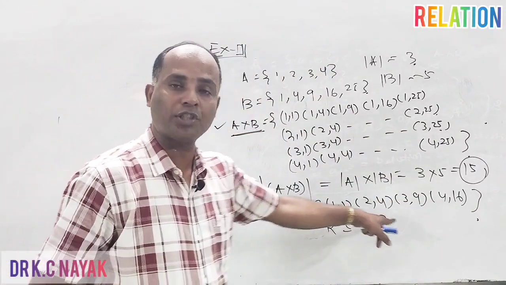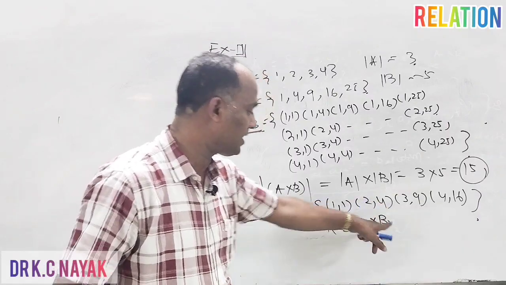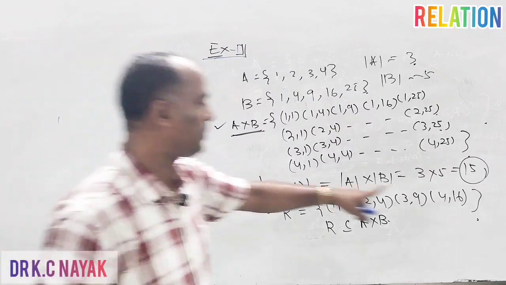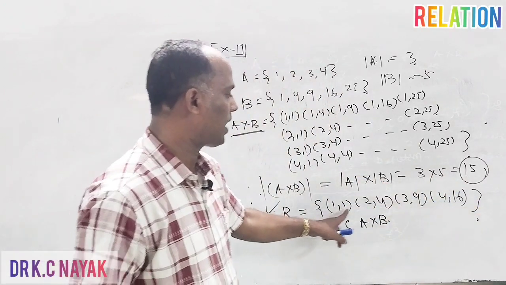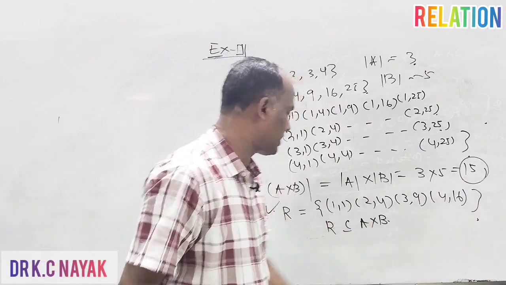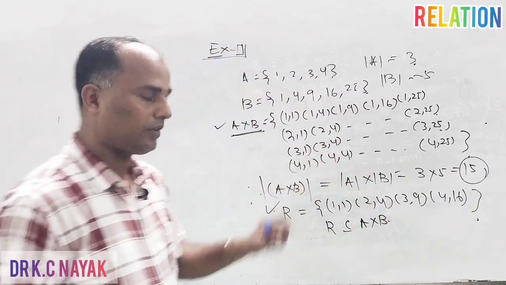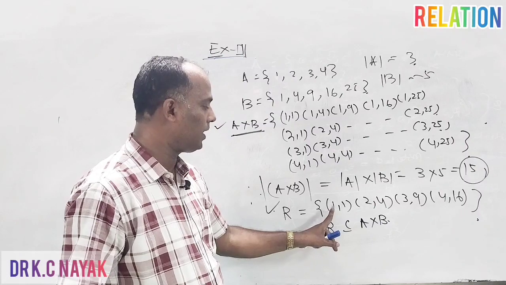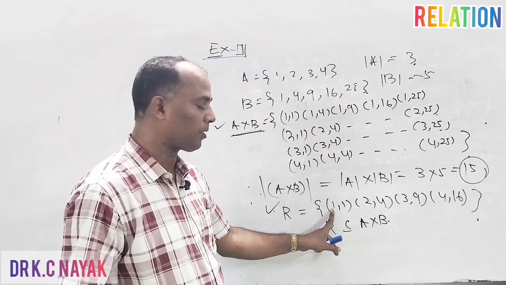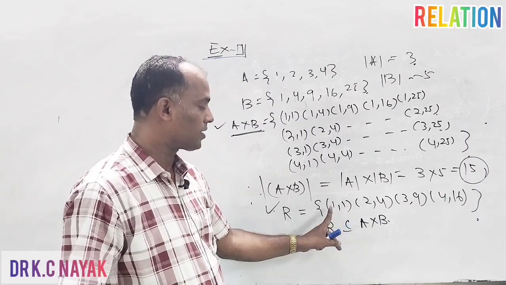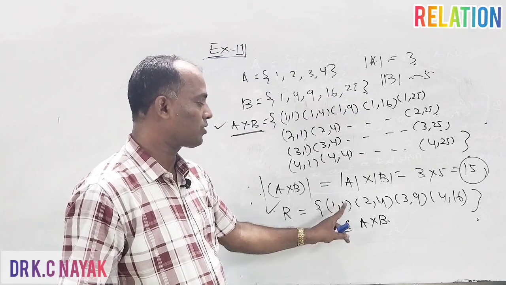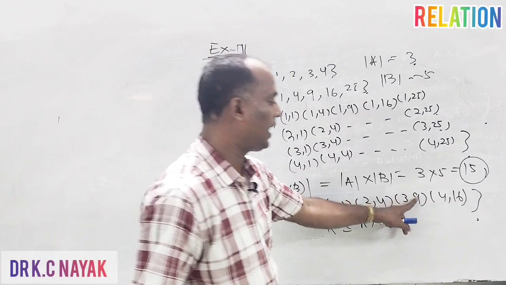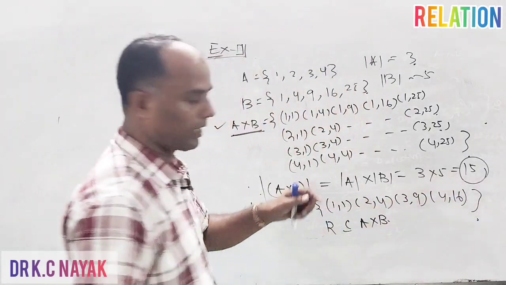And R is a subset of A cross B. Yes, it is also okay, because the total number of ordered pairs is 15, but we are choosing (1, 1), (2, 4), (3, 9) and (4, 16). That is why it is a relation. How is one related to the other? The first component of the ordered pair is associated to the second component by squaring: 2 squared is 4, 3 squared is 9, 4 squared is 16. It is one example.